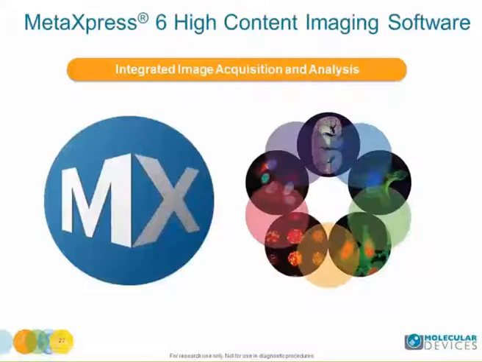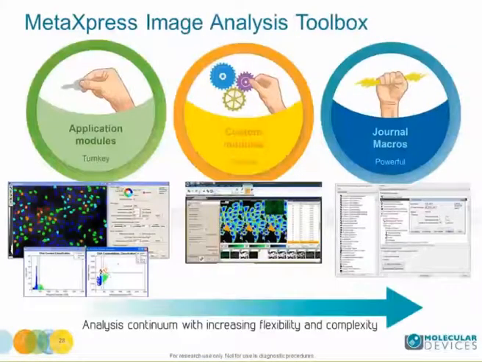Moving on to the software. Our products are driven by MetaXpress. It's an integrated image acquisition and analysis tool set. We have a variety of canned application modules for turnkey assays, such as scoring cells for intensity of brightness or cell cycle.